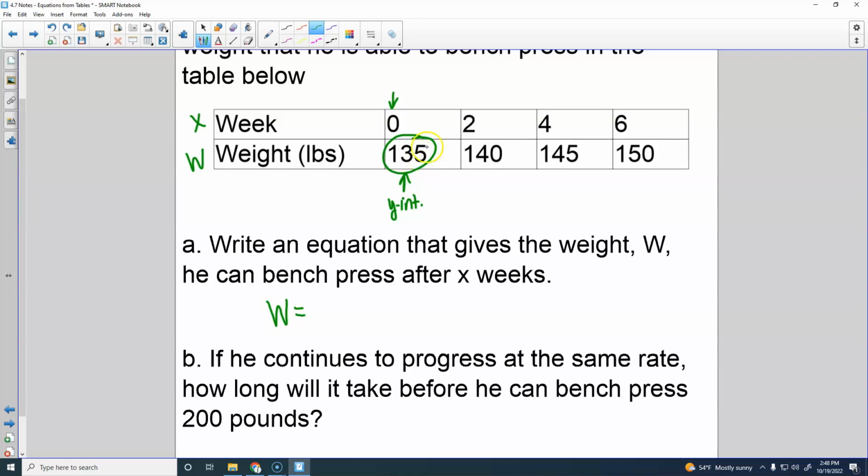Okay. For our slope, I think when you said 5, you were probably thinking slope. Right? Slope is where we look at the change in what's happening. So change in y over change in x. So from 135 to 140, what was that? That was up 5, right? So that's up 5 over, okay, this is up 2. How could we summarize that? What would we say is happening?